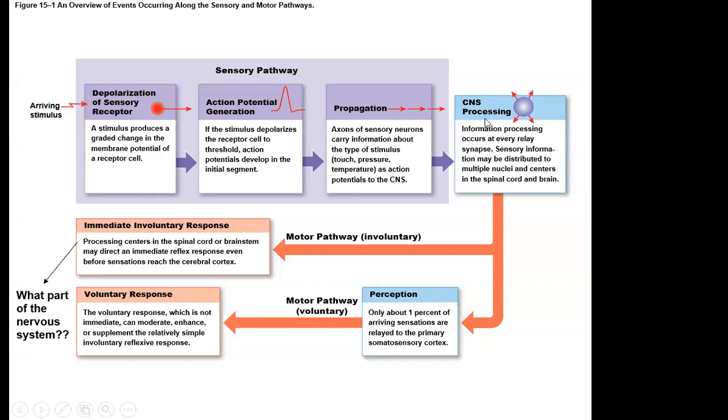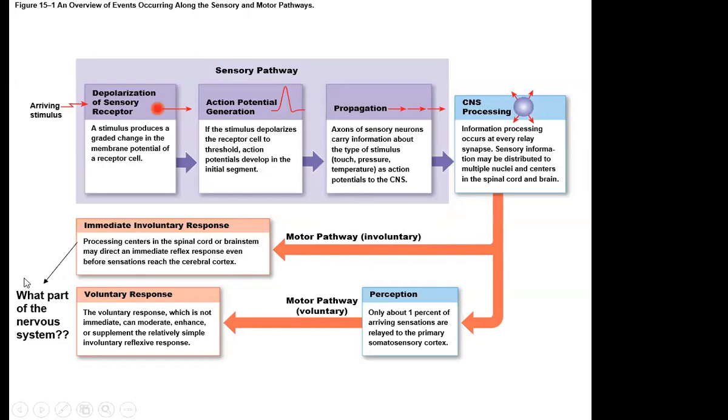And of course, we already know based upon our reflex arc that we went through, from the CNS processing, we're then going to get the motor information coming out. Okay, so motor path involuntarily, this is going to be which part of the nervous system? Because it's involuntary. This would be what? Sounds like automatic.